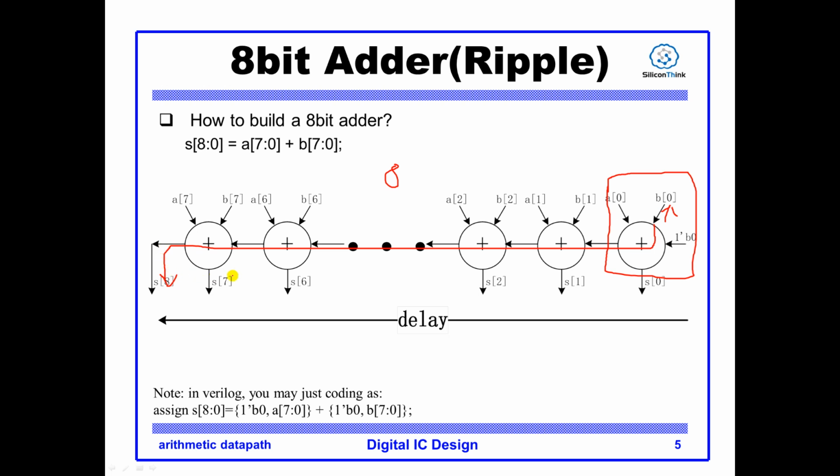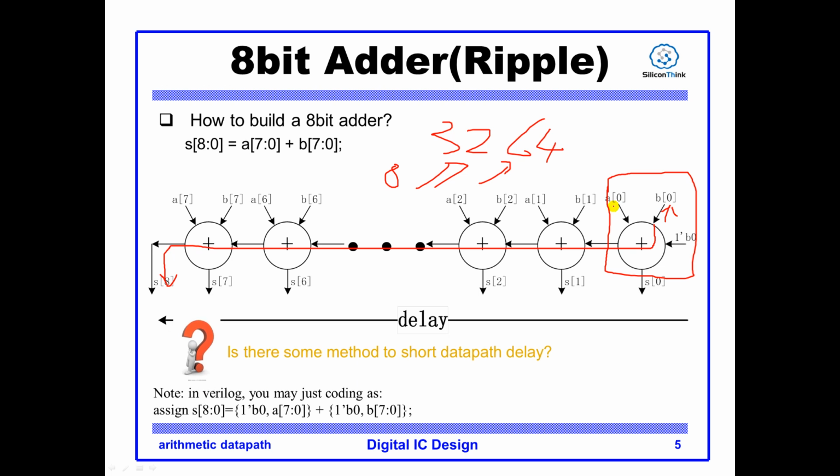So this may be a problem. If you want a 32-bit adder, the delay will increase. How about 64? So some engineers thought about whether we can shorten the maximum path for adders. Is there any method or architecture or algorithm we can use to shorten the path?